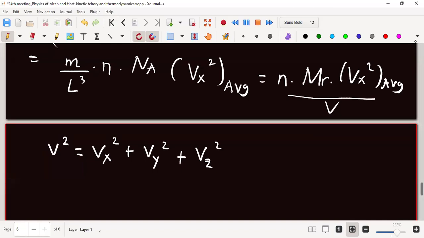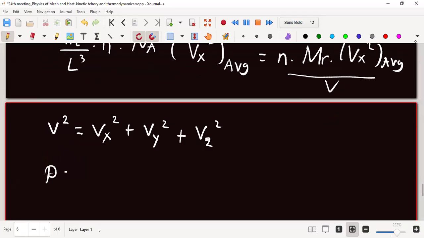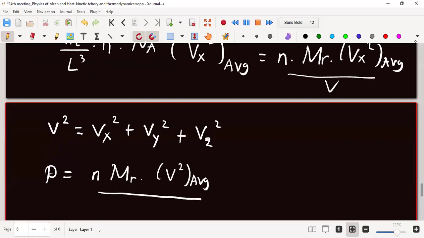So the pressure can be written as N times molar mass times V square average divided by 3 volume. Why? Because there are three terms, three variables in the x, y, and z axes.